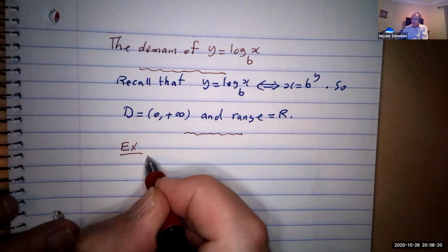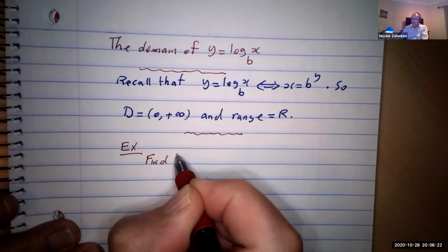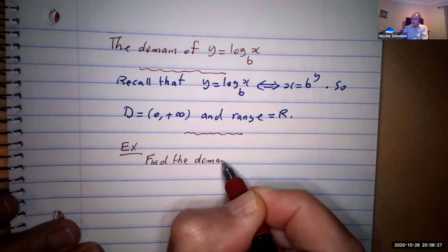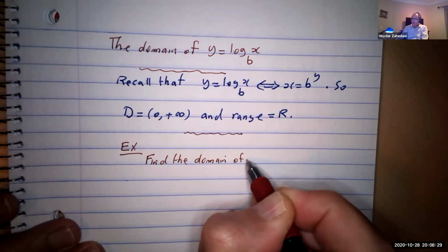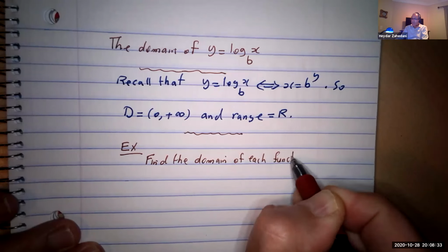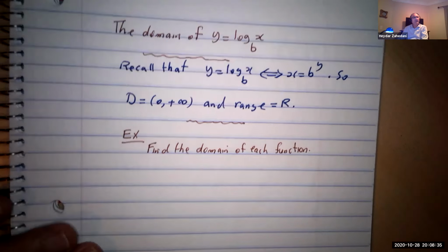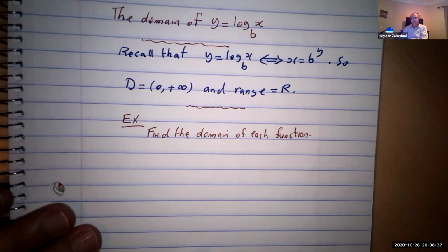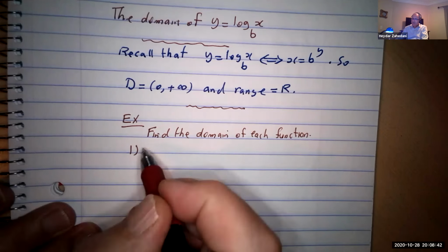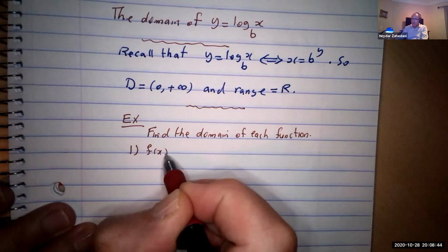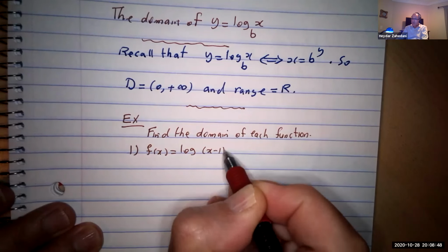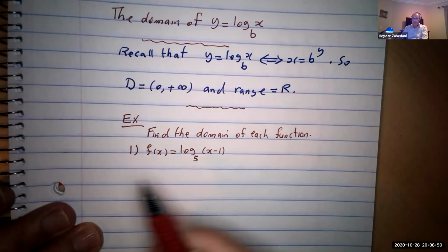We wanted to find the domain of each function. So we go with the first one. The first one, the function is f of x equal to, let's say, log of x minus 1 with base 5.